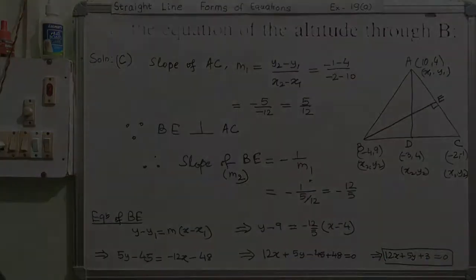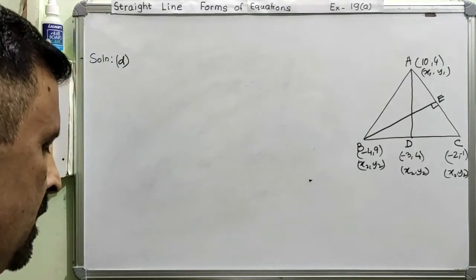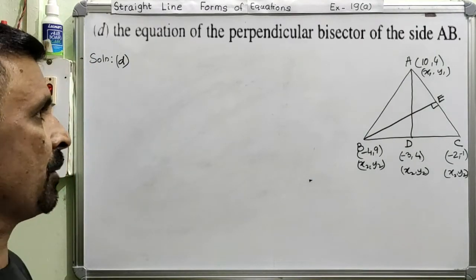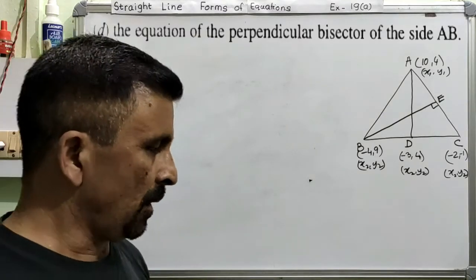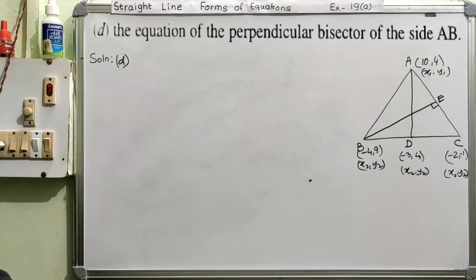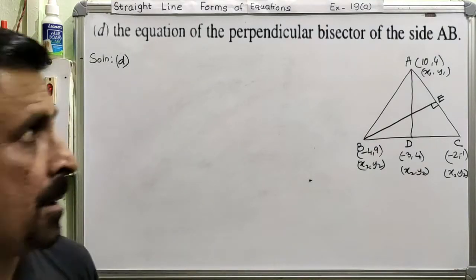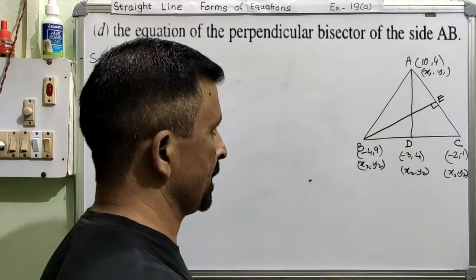Is it alright? Now the last part of question number 11 is to write the equation of the perpendicular bisector of AB. Right? We have to write the equation of the perpendicular bisector of AB. Now let us see.